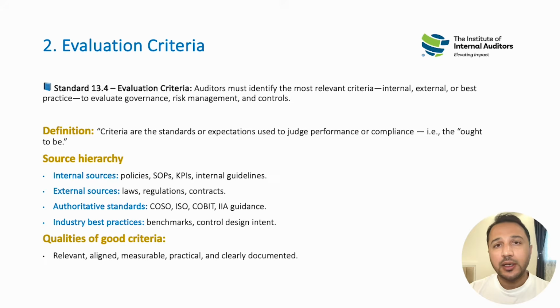So basically, criteria is the thing against which we measure the activity. For example, if I'm carrying out a procurement audit, how can I state that whatever activity management is performing is correct or wrong, because it can be challenged.